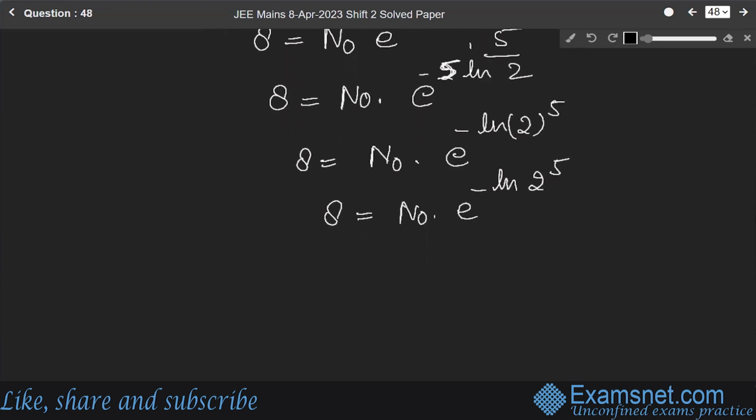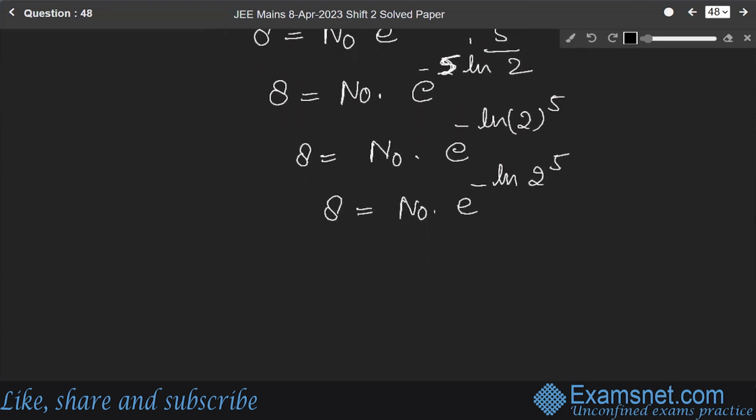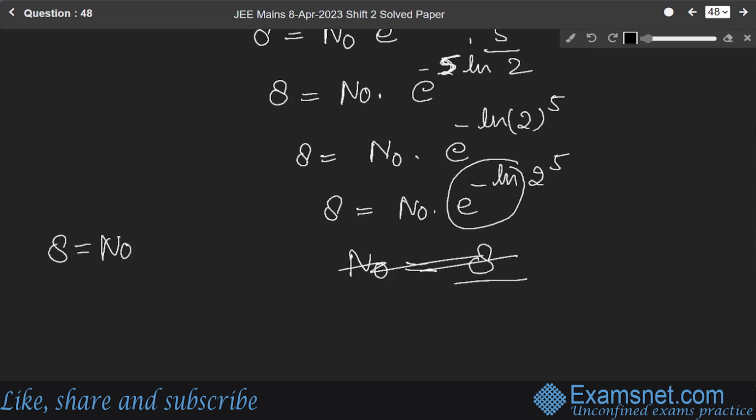Now, we can write it as 8 equals n naught into 2 raised to the power 5.